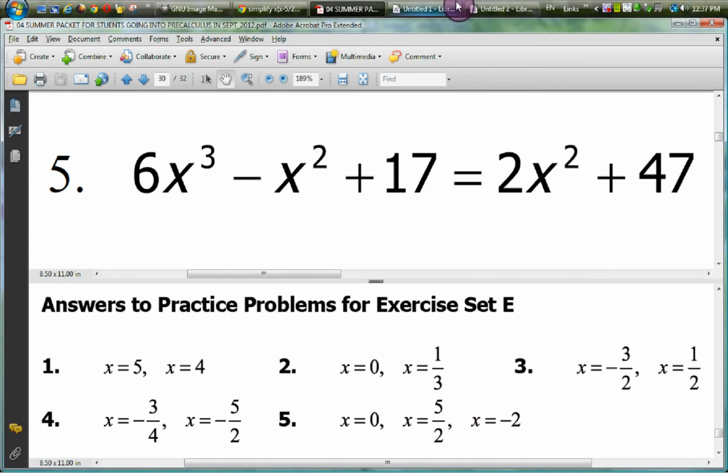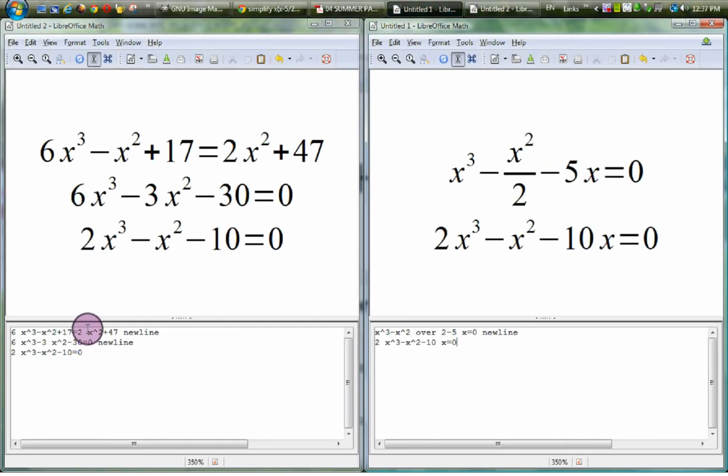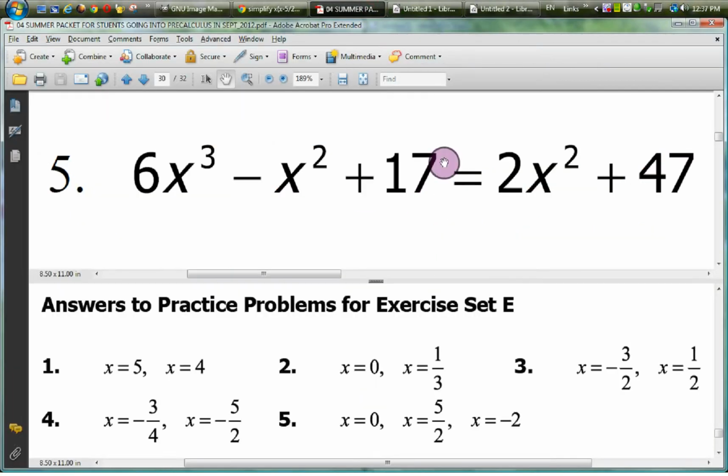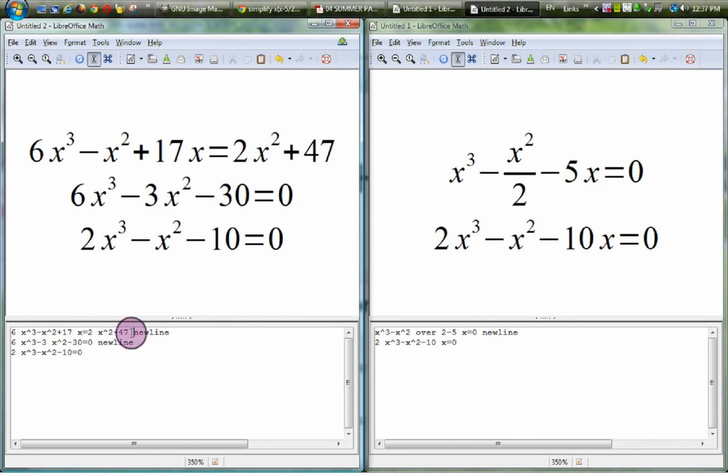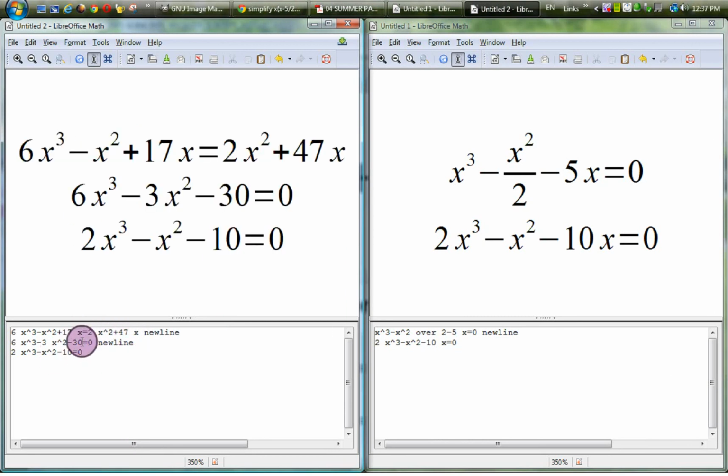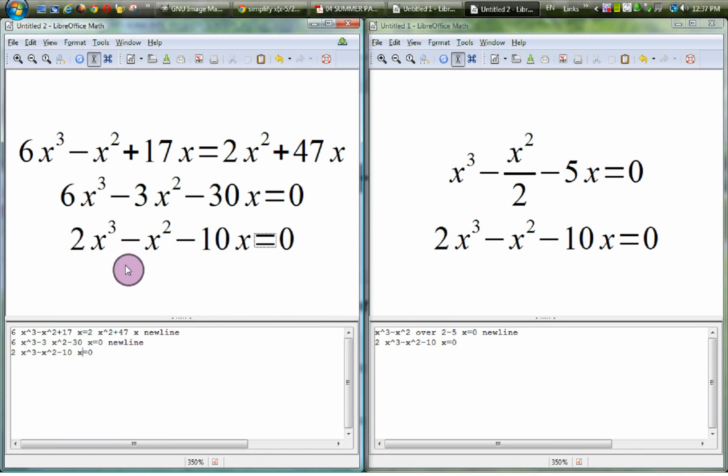So I'm guessing that whoever made this packet forgot to put x's after the 17 and 47. I mean, if you take this here and put the x's in right here, that becomes 17x, 47x, negative 30x, and there's the 10x. You see, now this equation is the same as that equation.